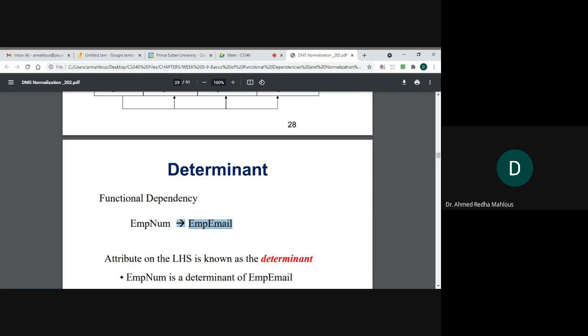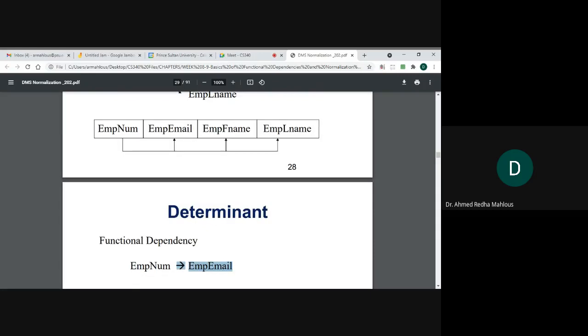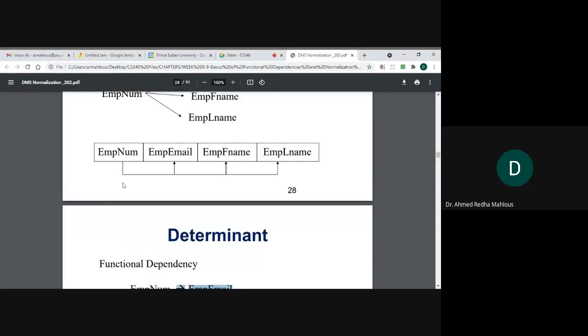That means you put a line from employee number without any arrow, and you go to employee email. For instance, from employee number I have employee first name, and from employee number I have employee last name.